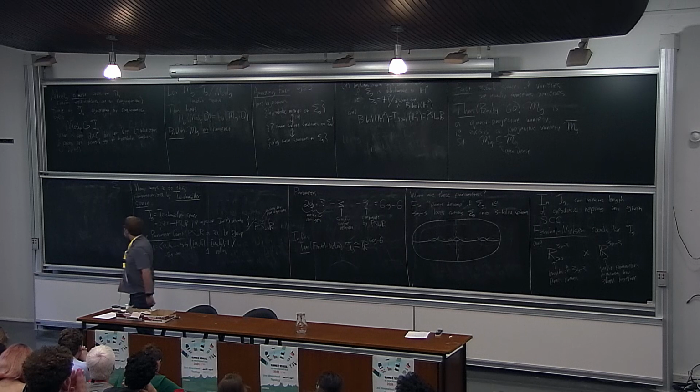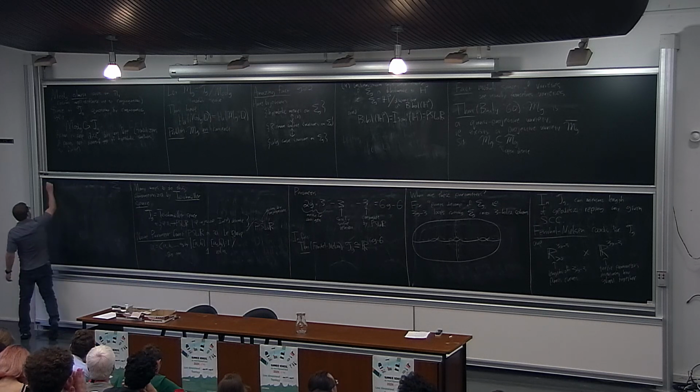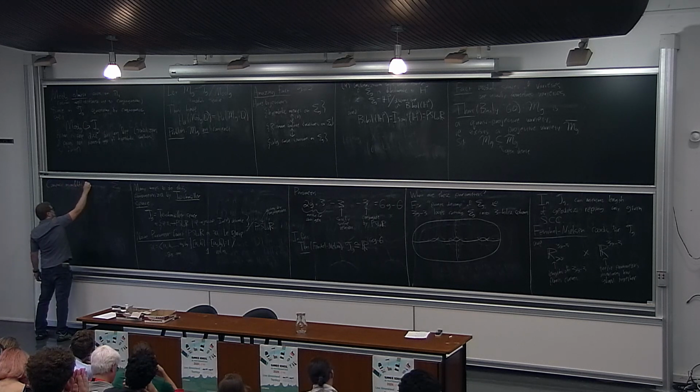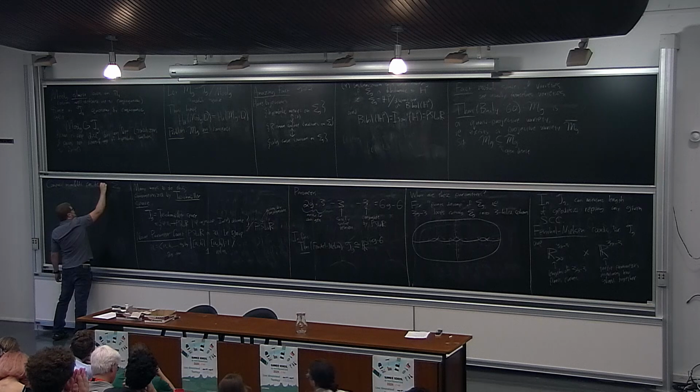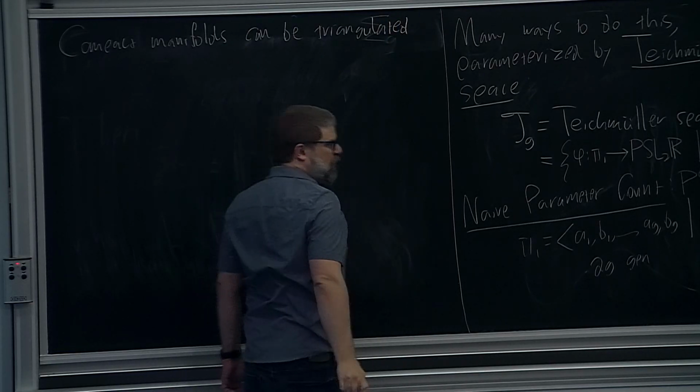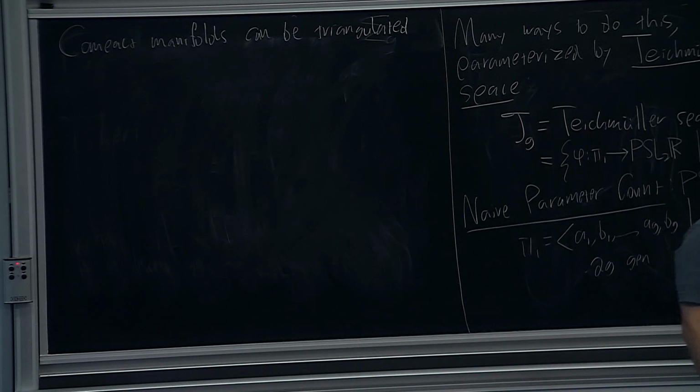Well, we know that compact smooth manifolds can be triangulated, right? So they're homeomorphic to finite simplicial complexes, the most finite kind of thing in the world.